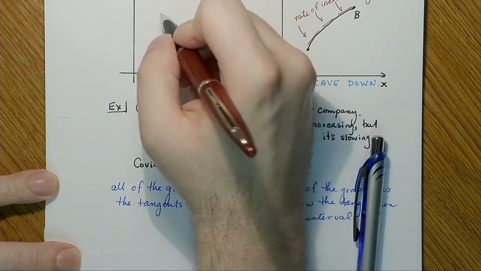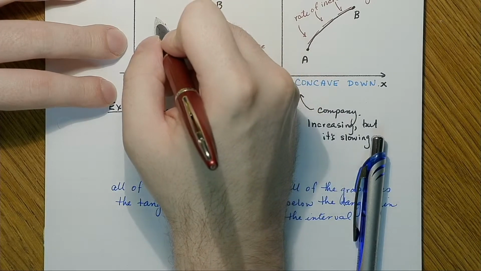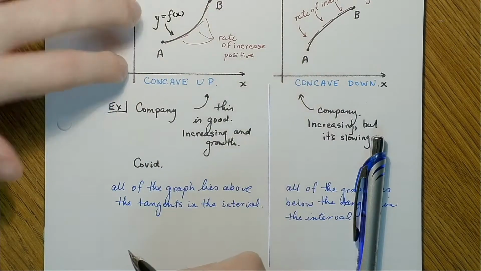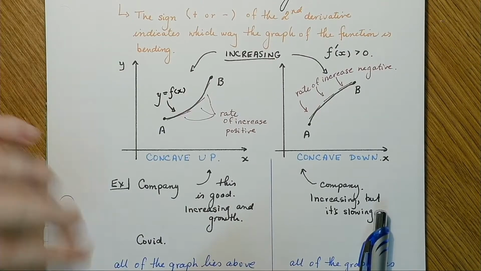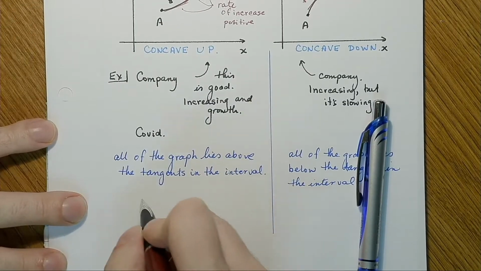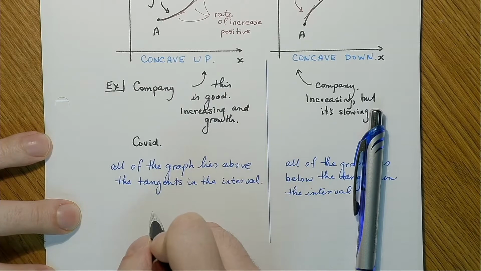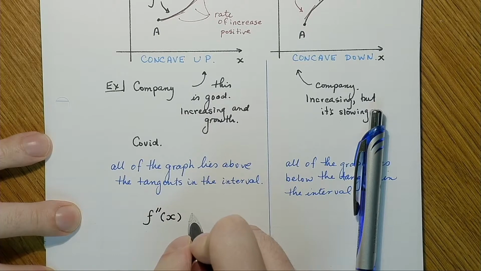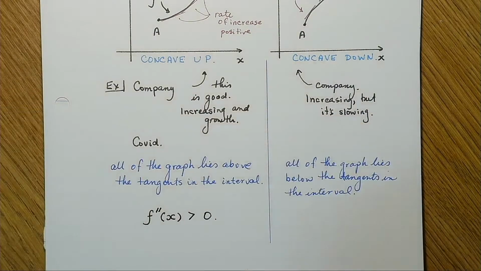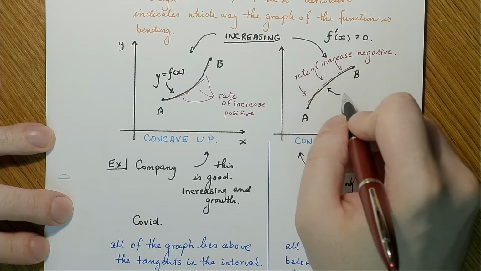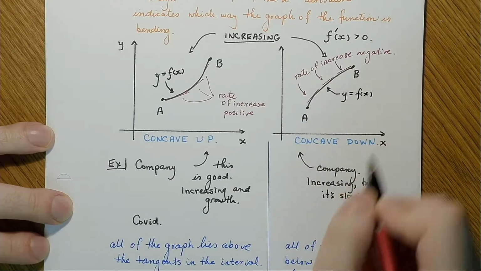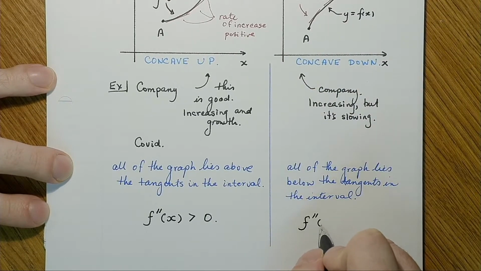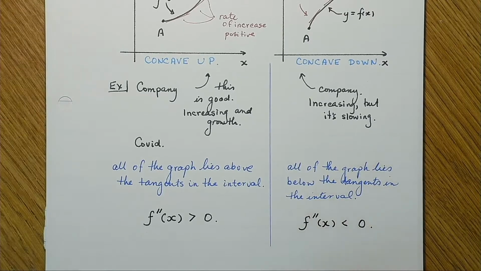If this is the function, and I'm going to call this y equals f of x, then, so I've written it up here, it's concave up when the second derivative, of course, is positive. And when I look over here, so I have y equals f of x. Now we're looking at the second derivative. This is where it's concave down. And that is negative.